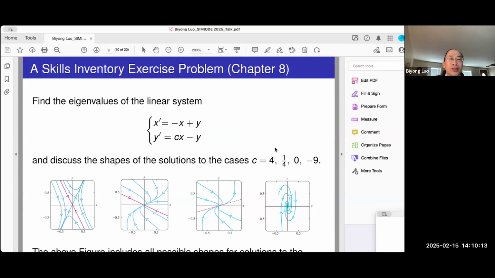I ask students to solve this problem, determine the value of C, then draw the corresponding solution curves, whether with a free applet, MATLAB, or other software. Students are encouraged to explain why they have such a graph, or explain the behavior of each graph related to different values of C.